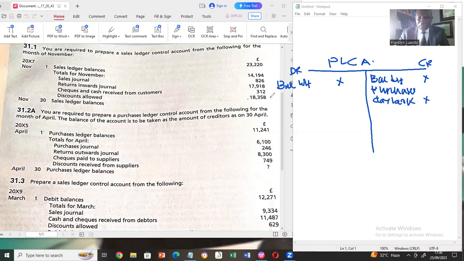We have the purchases returns from the purchases returns book. We have discount received.